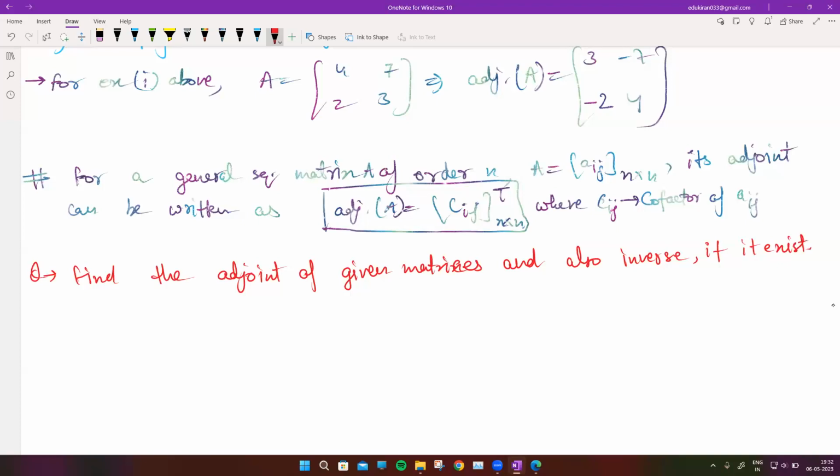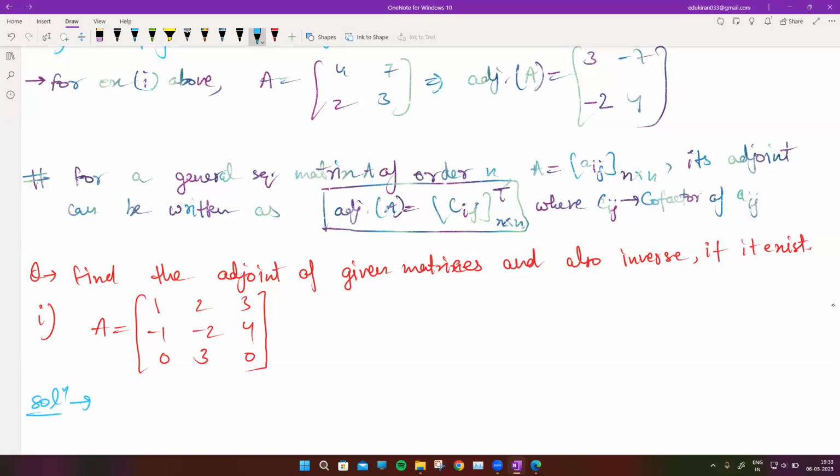So first we'll find the adjoint because we will have to find the adjoint anyway, right? But after finding the adjoint, we will also check whether its inverse exists or not. If it exists, we will find the inverse. Okay, first part is A equals 1, 2, 3, -1, -2, 4, and then 0, 3, 0.